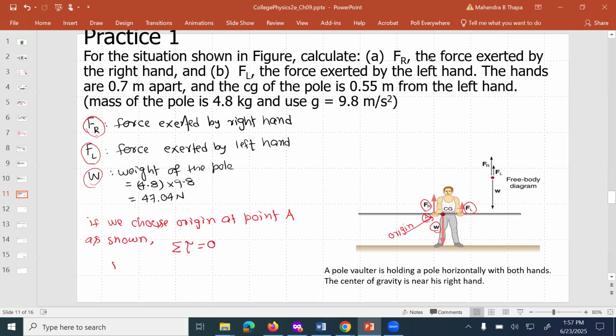So this is the total torque about the point A should be 0.